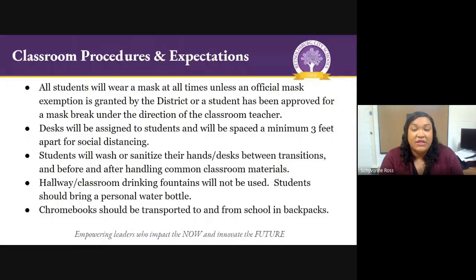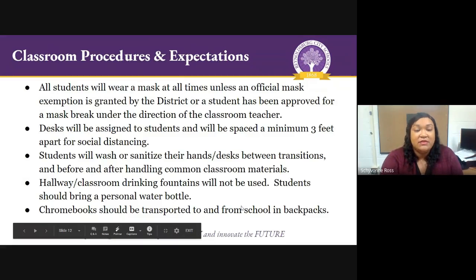Students will wash or sanitize their hands and desks between transitions and before and after handling common classroom materials. Hallways and classroom drinking fountains will not be used. Students should bring a personal water bottle. Chromebooks should be transported to and from school in backpacks.